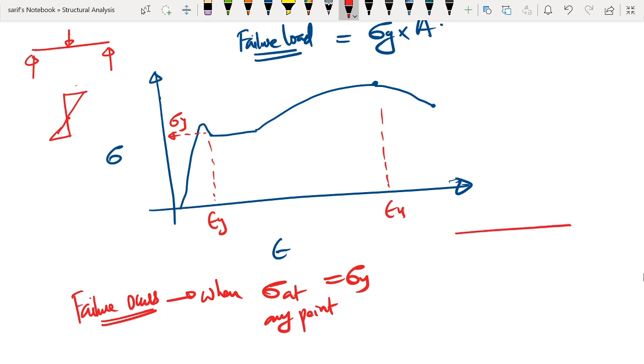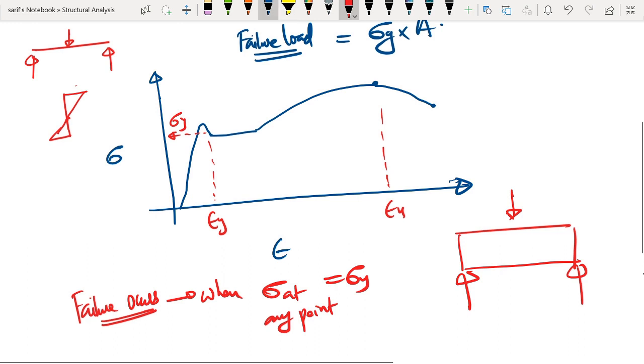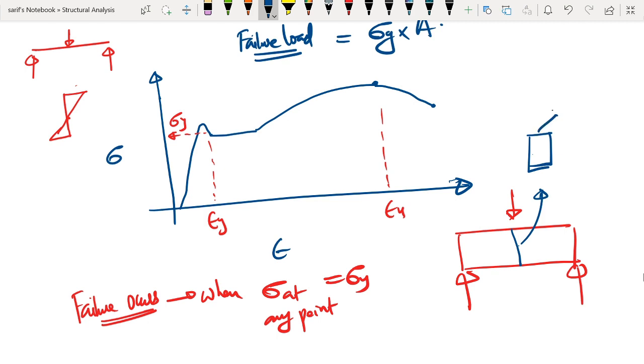For example, if you are having a rectangular beam simply supported subjected to central concentrated loading, the maximum bending moment section is going to be nothing but the central cross section. If we try to draw the cross section, it will be a rectangle, and as we know, only the extreme points will be having maximum stress.